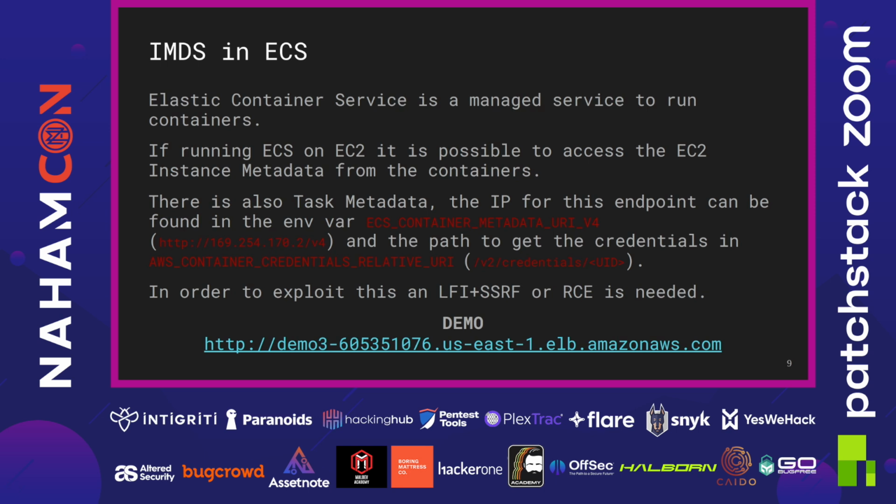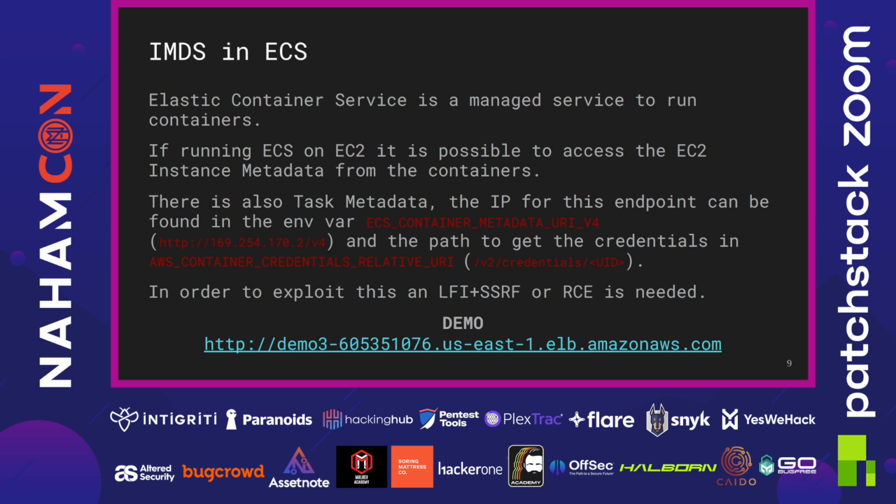So there are containers running in EC2 instances, and therefore the container can access the instance metadata of the instance. And there is also another instance metadata. In this case, it's not instance, it's called the task metadata, and this belongs to each of the tasks, which are the containers that we're running within ECS.